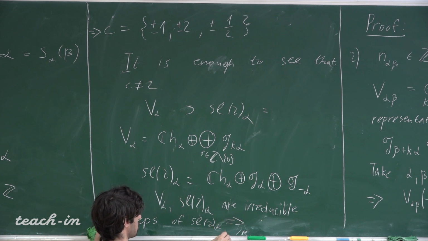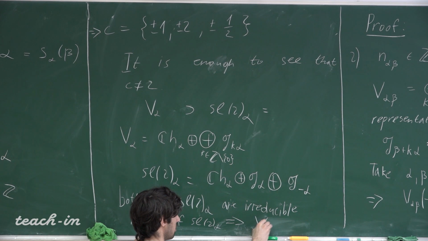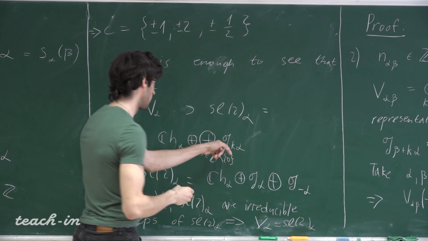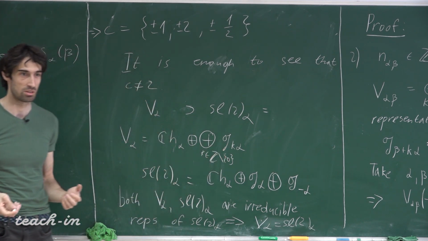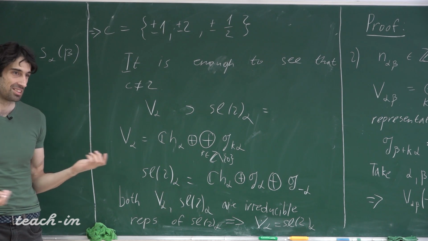It means that V alpha equals SL2 alpha. In particular, all other terms that we have here are just zeros. In particular, G2 alpha is 0.